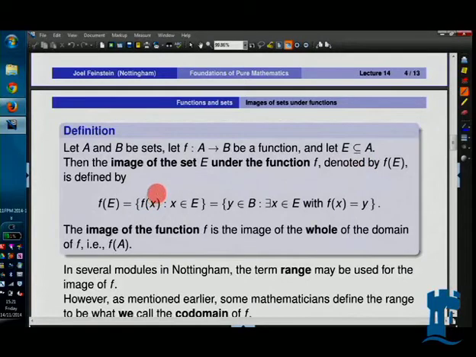It's the set of places you can get to in B if you start in E. One way of saying that is all the values f of x where x is in E, and the other way is those y in the codomain that you can get to from somewhere in E. And if you apply f to the whole of A, that's the image of the function, which, as I say, is the range of f.